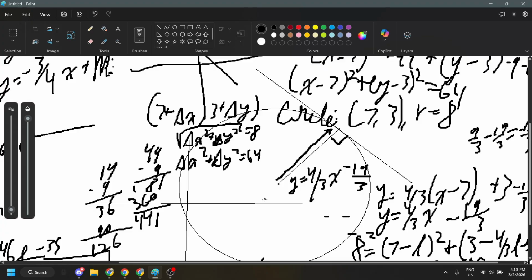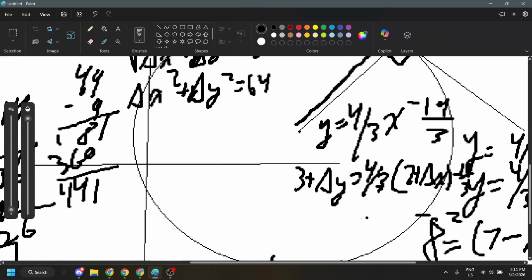Okay, so if we replace y with 3 plus delta y, and x with 7 plus delta x, so 3 plus delta y is equal to 4/3 times 7 plus delta x minus 19/3.